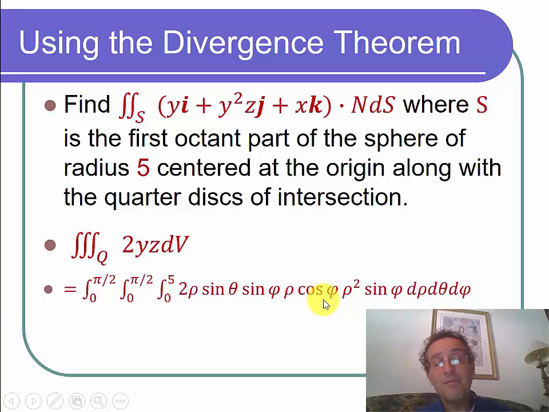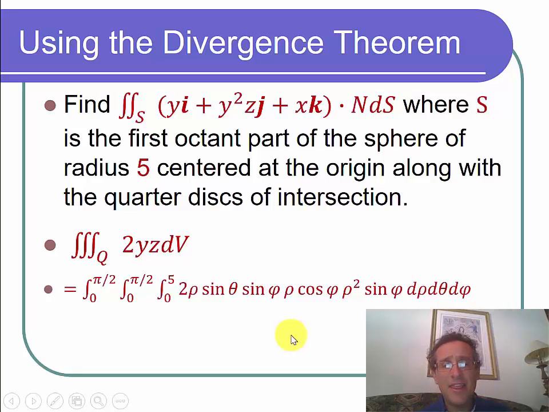The Jacobian, when we transform into spherical coordinates, is rho squared sine of phi. We have a d rho, d theta, d phi. We're talking about the first octant part of a sphere of radius 5 centered at the origin. So rho goes from 0 to 5, since the radius is 5. We're only in the first octant, so phi goes from 0 to pi over 2. And theta also goes from 0 to pi over 2. That keeps it in the first octant.